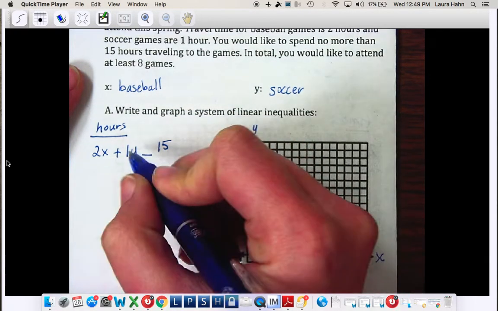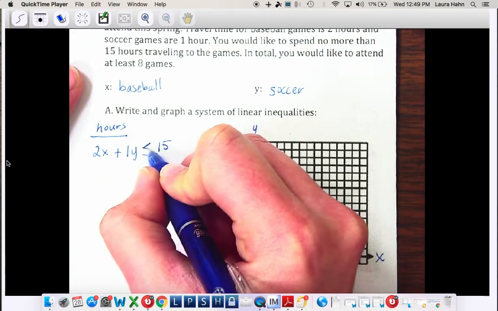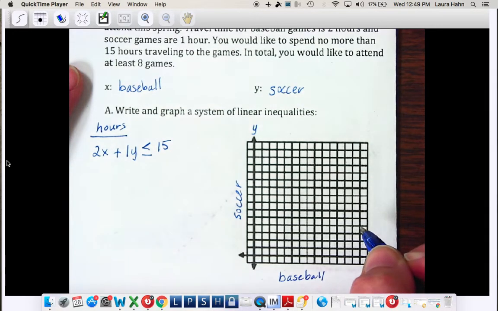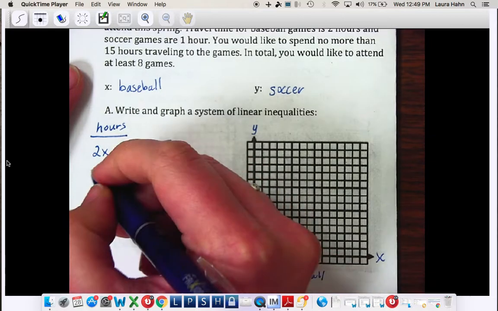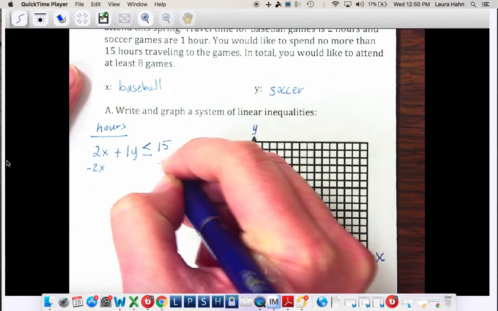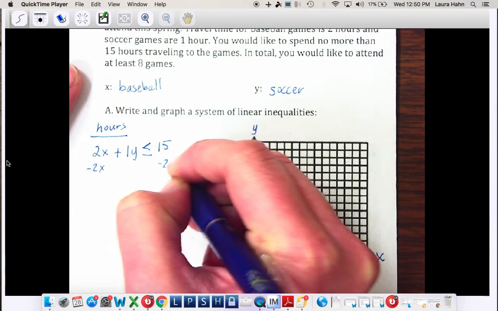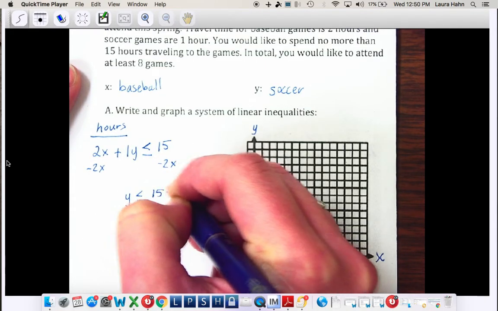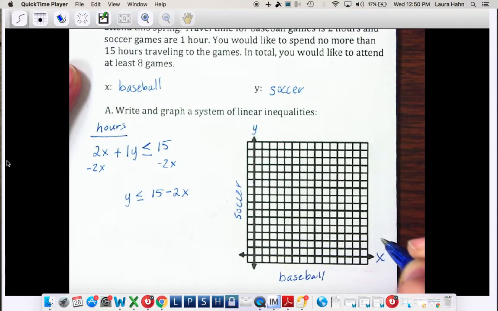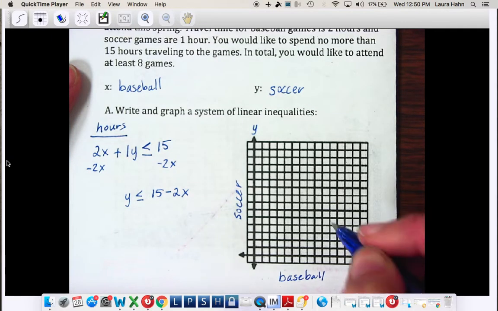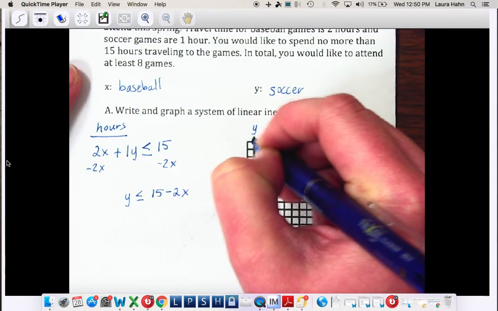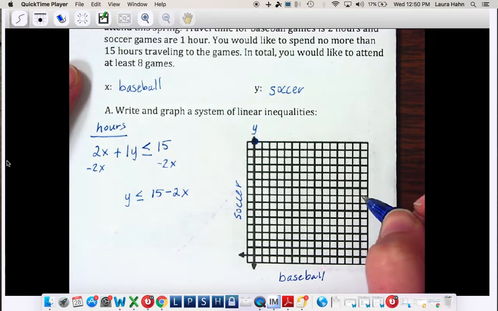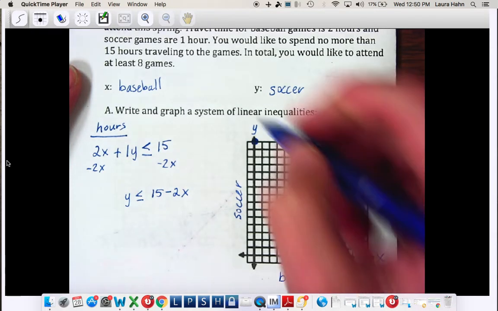But no more means the number of hours I spend, I want it to be less than or equal to that 15. So we get y by itself by taking away 2 x's from both sides. My 1y falls down, so I have y is less than or equal to 15 minus 2x. My y-intercept is at 15. My slope is negative 2, which means I'm going to go down 2, right 1.